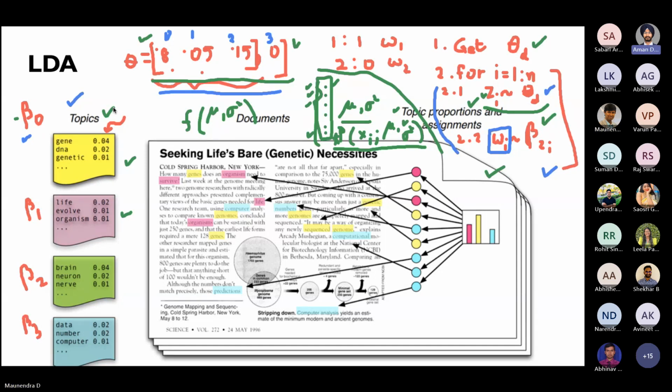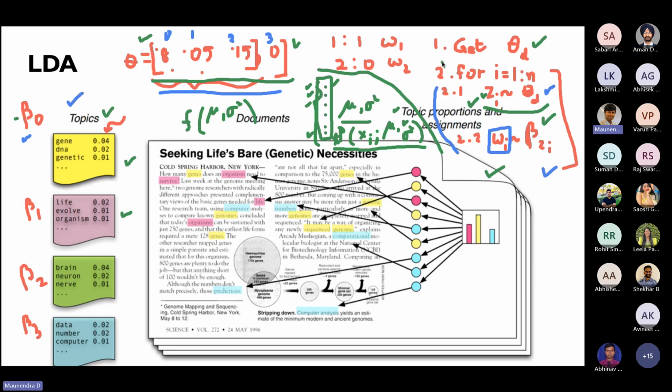But sir, isn't zi basically that this word belongs to this topic? Z is nothing but the topic assignment per word, right? In a way, there is a topic assignment per word. So basically, for each topic, the probability that this word belongs to this topic.